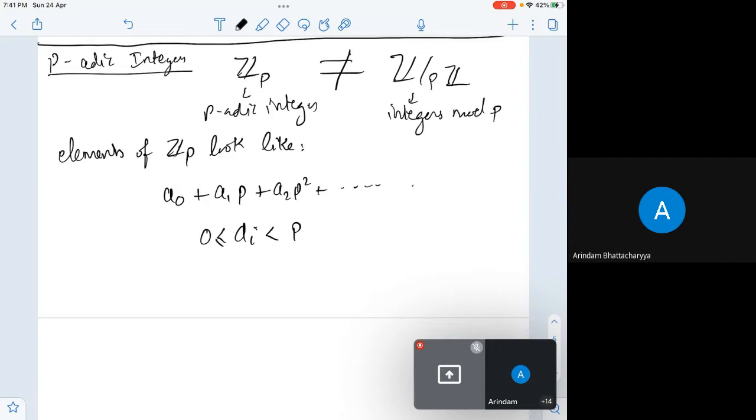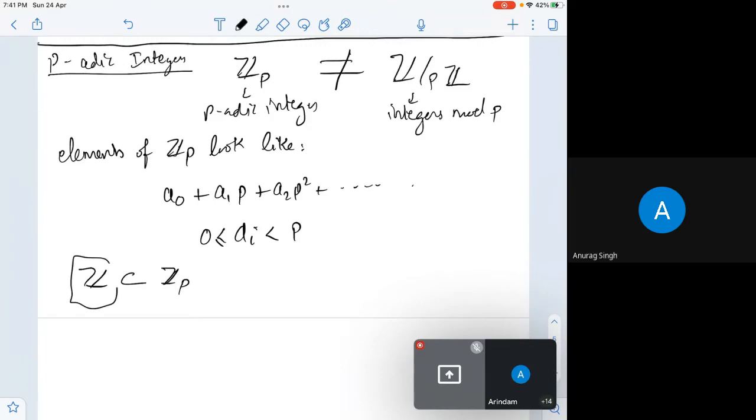Is this fine? Great. Can you see that Z lies inside Zp? Yes, it lies inside this. Elements of Z are exactly the ones which have a finite expansion, right?